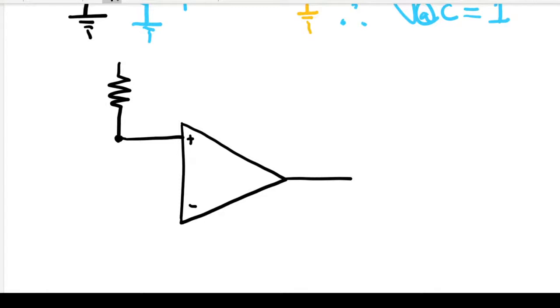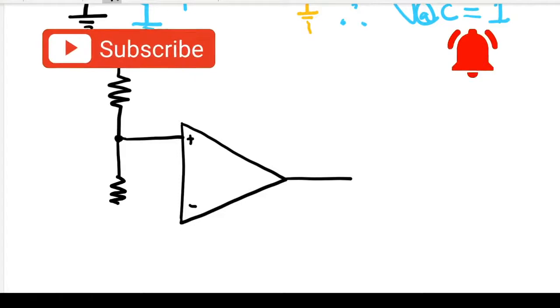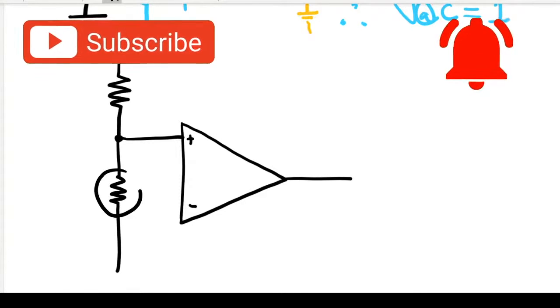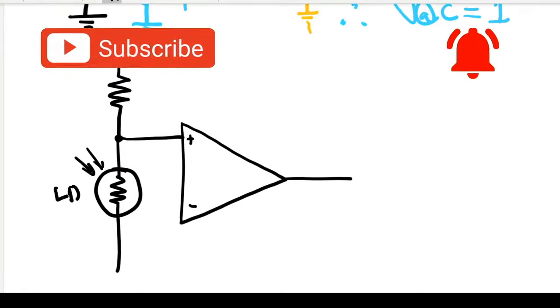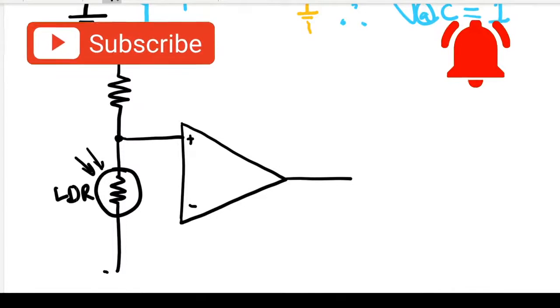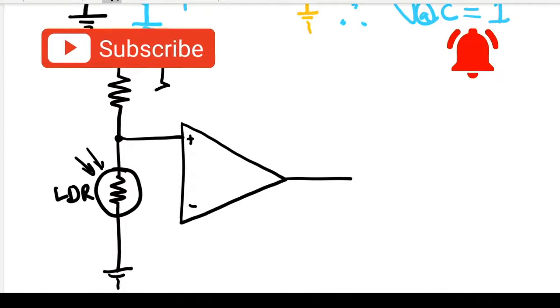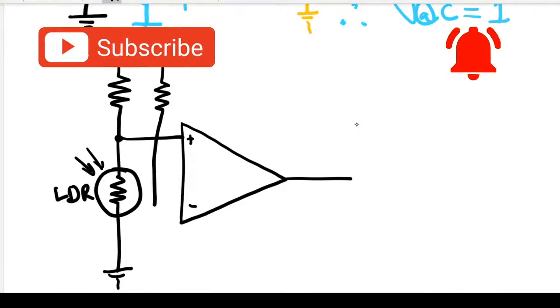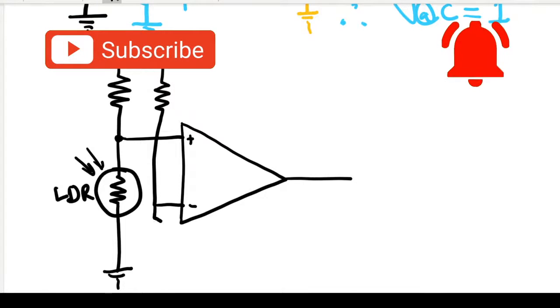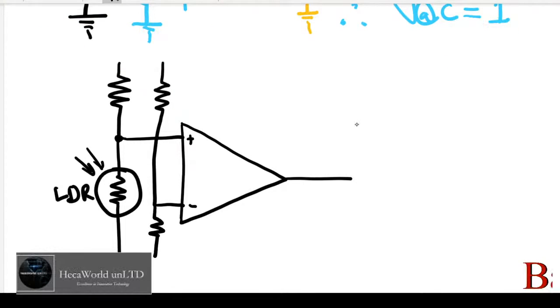So we're just gonna use a regular resistor here, but here we're gonna use a different type of resistor, a light dependent resistor. We can do the same twice. Just use a regular resistor here, and then here we're going to use again a light dependent resistor.